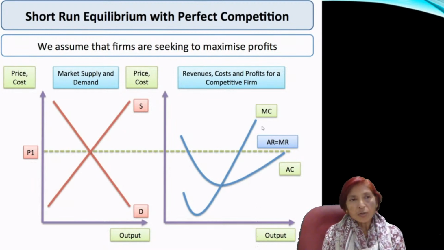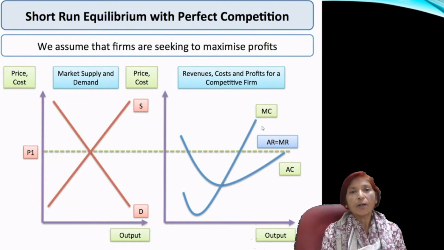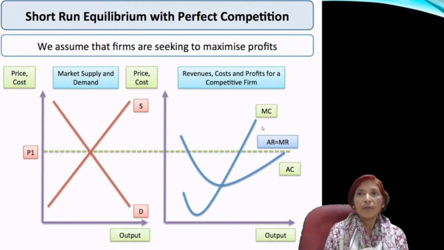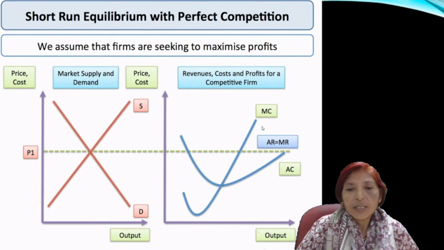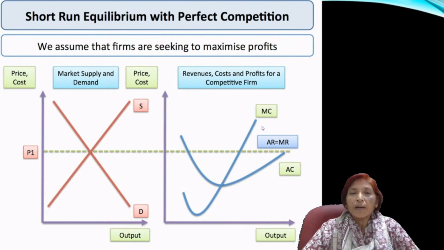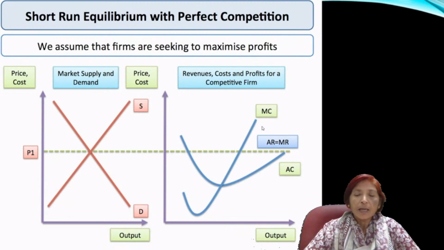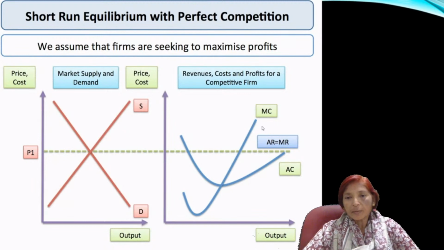So if a firm is earning abnormal profit, what is the condition for getting abnormal profit? Abnormal profit is that profit where average revenue is more than average cost. In this case, average revenue is above and average cost is below. Where MC cuts MR, the equilibrium point is determined, and the equilibrium quantity is also determined.